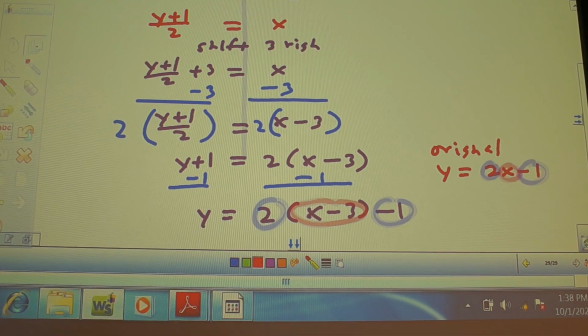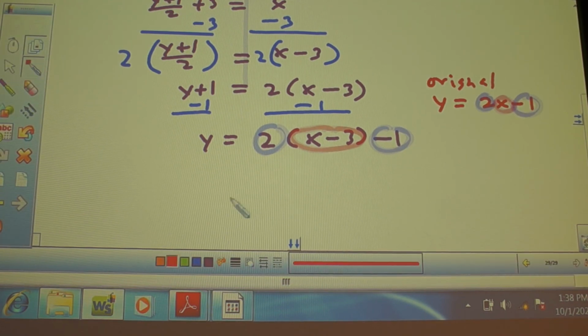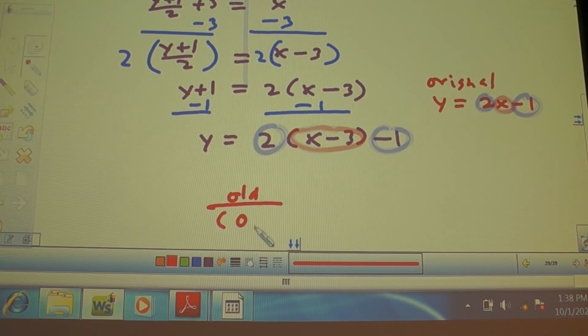And maybe you can think of it this way. This might help too. This is the old one. Say the old one was, let's see, if I put in 0 for x, I get 0, negative 1. The new one should be what?